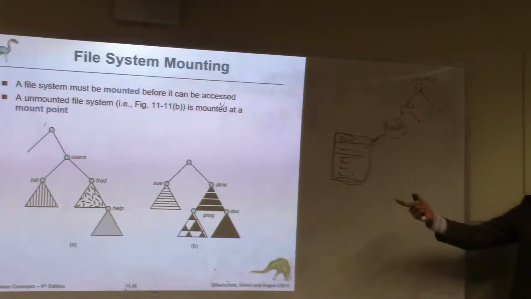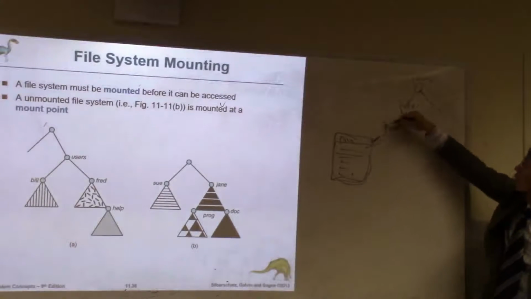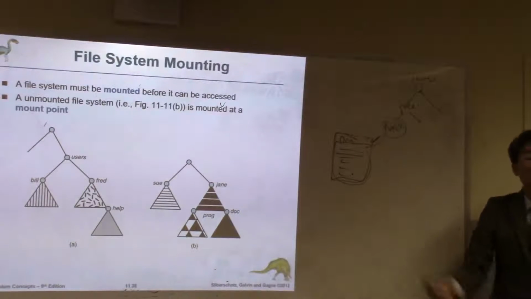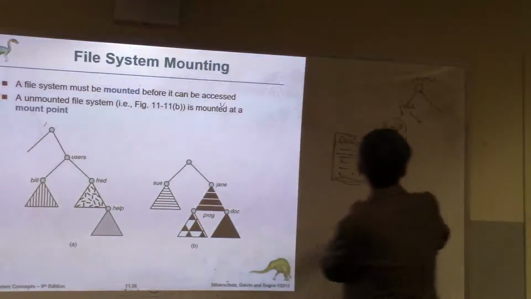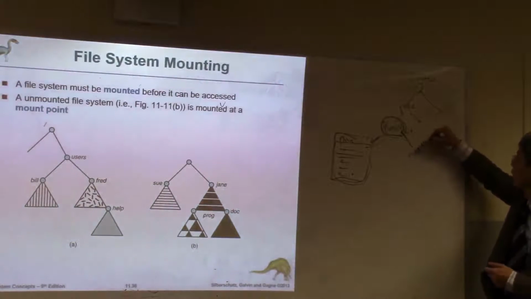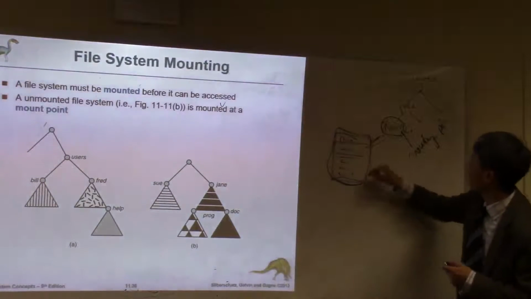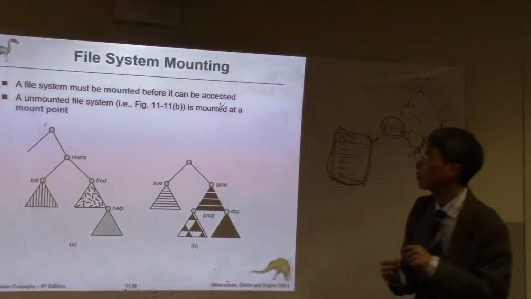How can they be connected? Using such a mount command, you can connect the existing file system to your operating system file system. At the time, this is called the mounting point. So you can connect the existing file system to the mounting point.